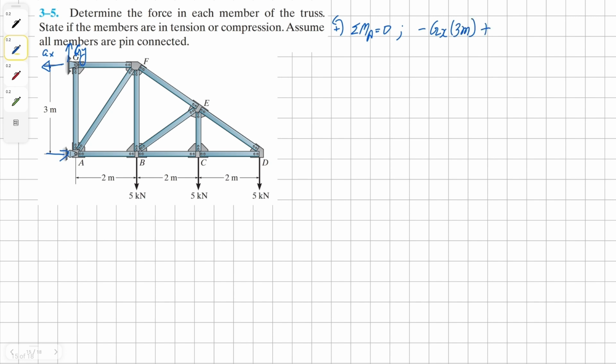Then we have 3 external forces acting at joints B, C, D with the same intensity, and the first reaction force is 2 meters away, second at 4, and last one at 6, all equals to 0. Solving for Gx, we get our solution as 20 kilonewton, and this gives us our x-axis reaction for pin connection G.